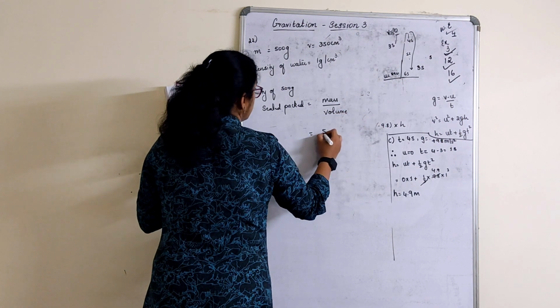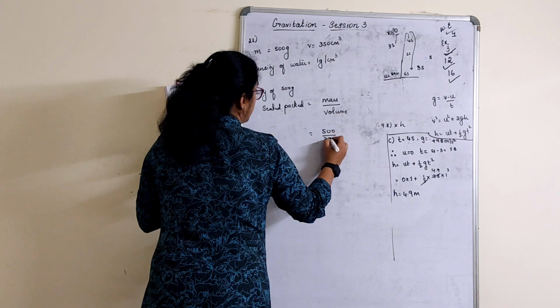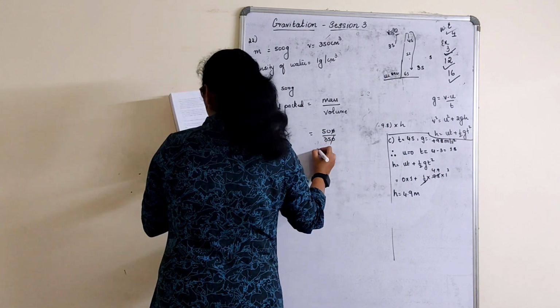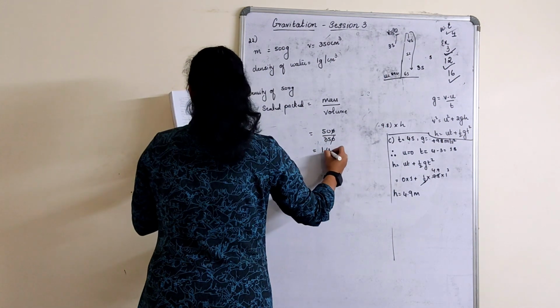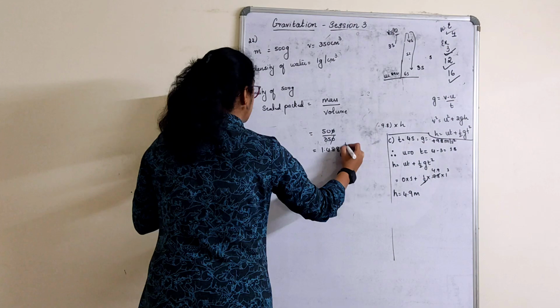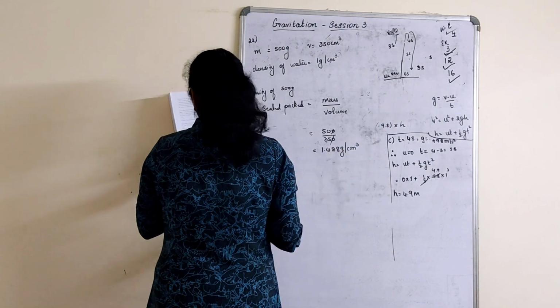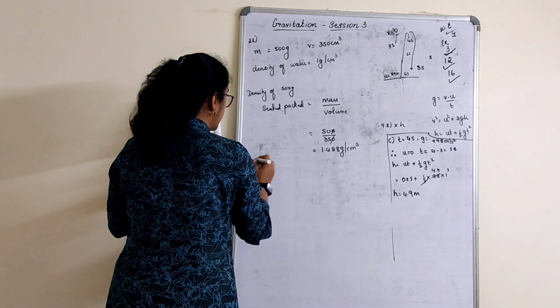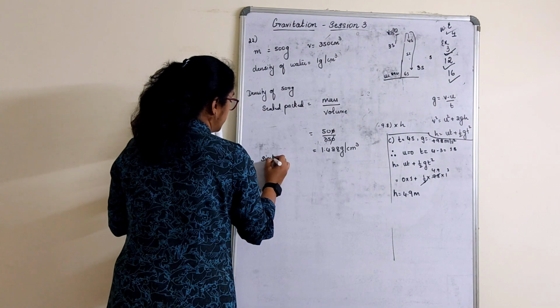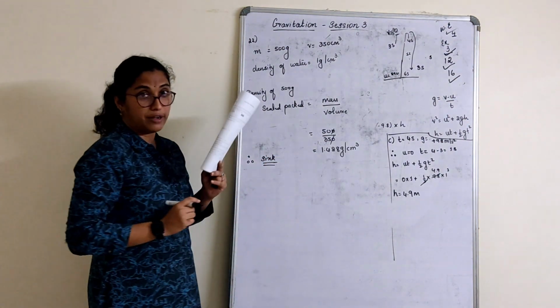So mass is 500 divided by 350. So answer is 1.428 gram per centimeter cube. Therefore, the object will sink in water. Please give the conclusion in words what you have to write.